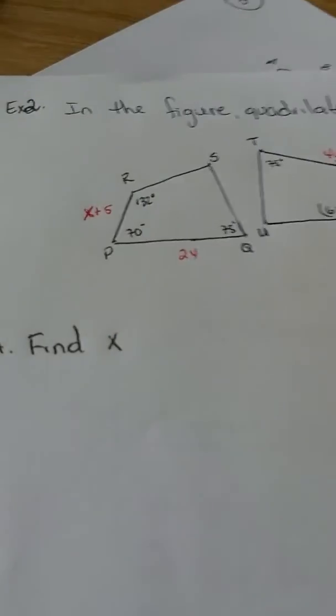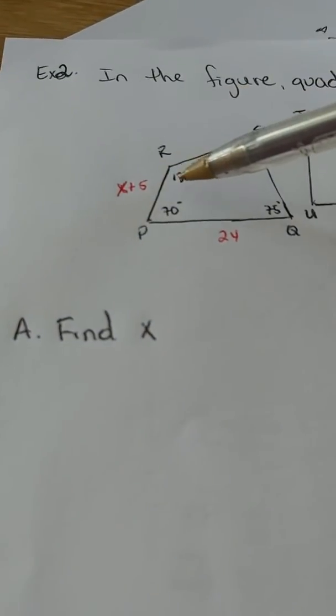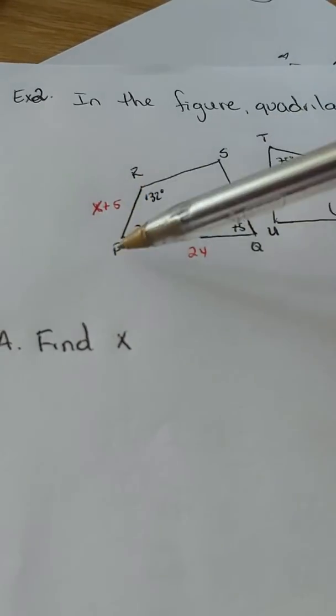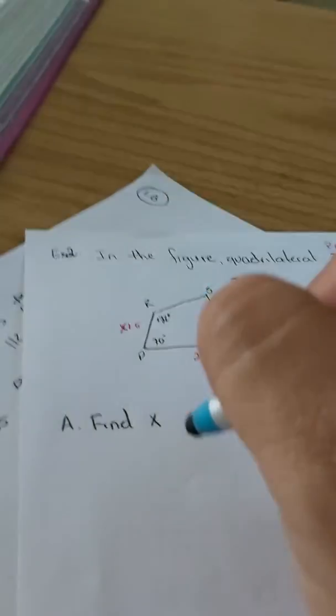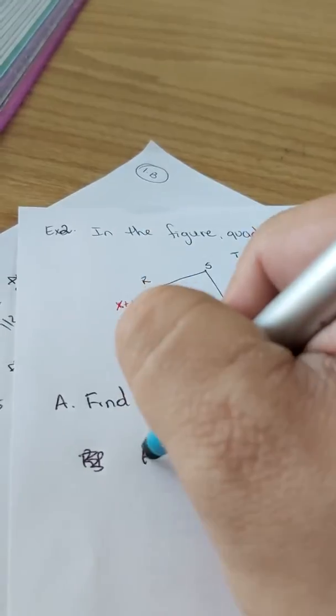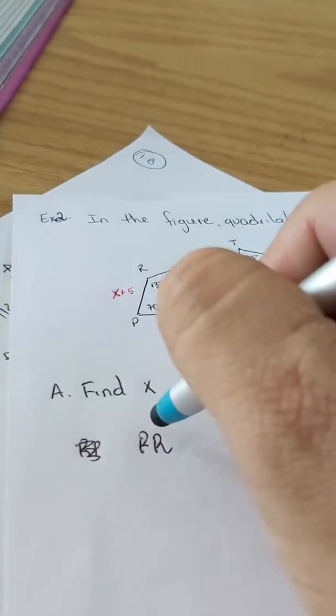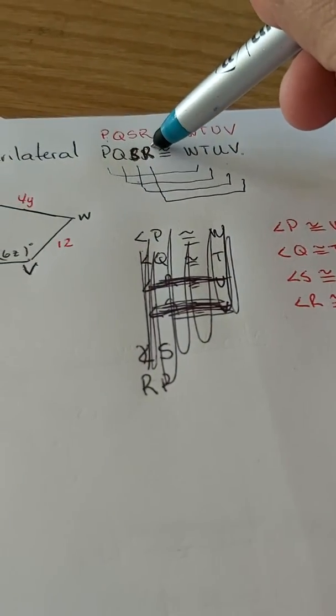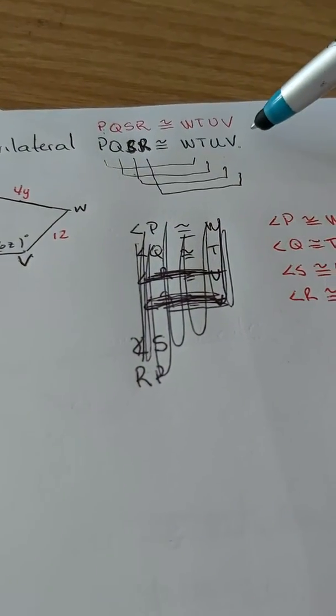So again, find X. X is located at the side PR. So segment PR is congruent with WV.